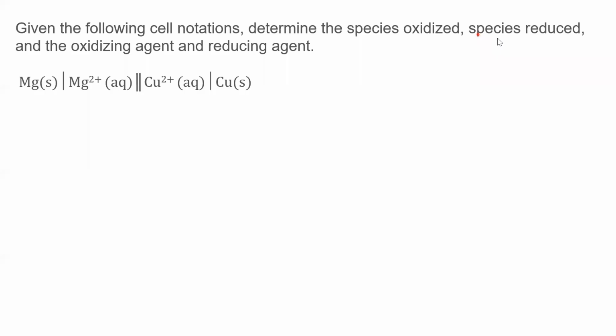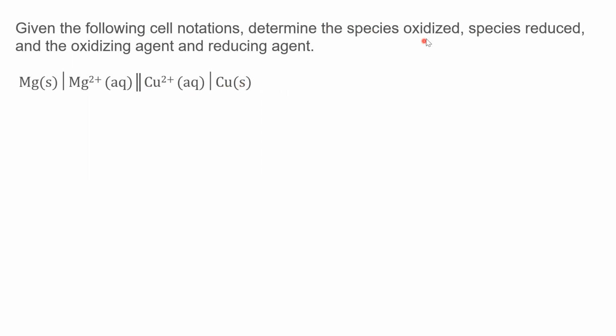All right, so let's continue where we left off yesterday. We started talking about redox reactions and electrochemical cells, and we said that we can write shorthand cell notations for a particular reaction. So we're given this cell notation.